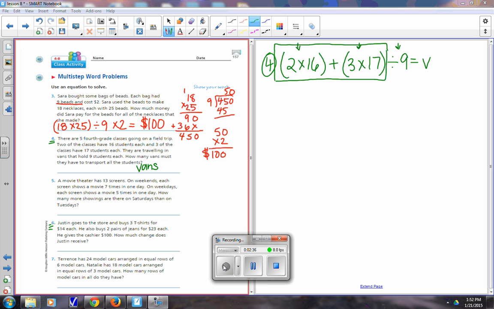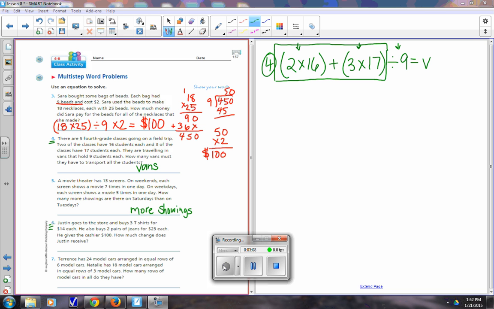So it wants to know how many more showings. So it's going to be more showings. So it sounds like there's going to be some multiplying in that problem and possibly some subtracting. And there's at least 3 steps in that one to give you some hints for you to set it up. And I'll be looking for your answers on the Google form with an equation and an answer with a label.